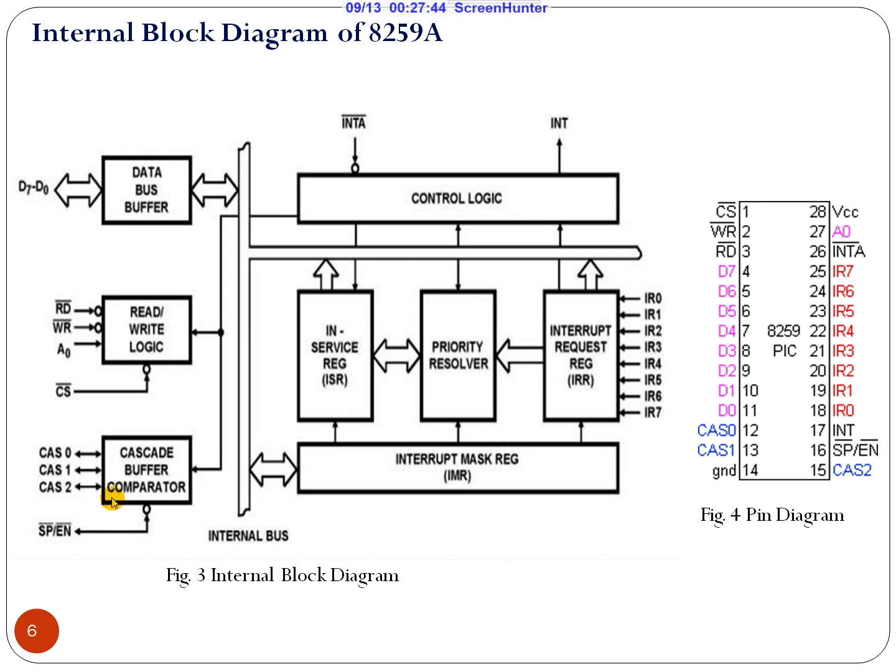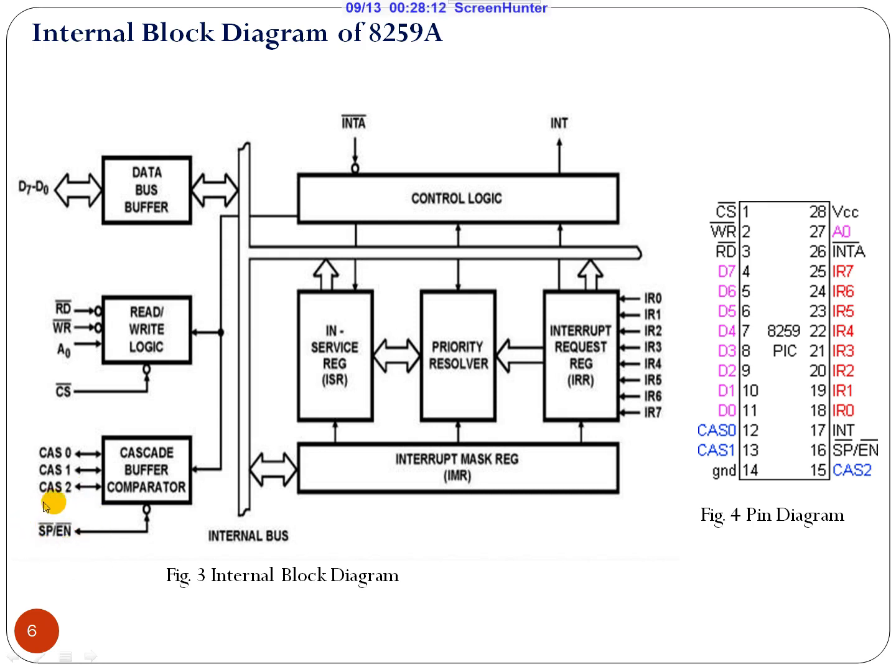CAS 0 to CAS 2 are going to be used for cascade mode operation. In the cascade mode operation, the 8259 may be used as a master or a slave, depending upon the usage of that particular 8259 in that system. CAS is used for the slave connections and the master connections.